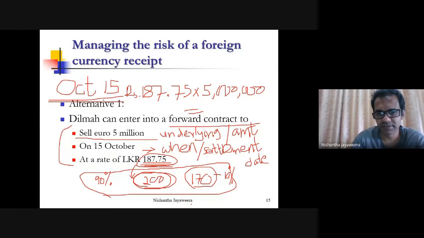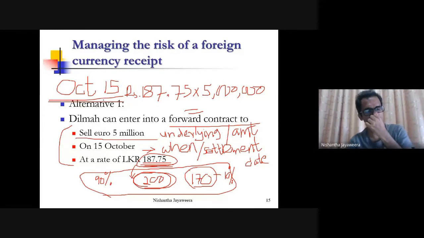Once you hedge it, you have that profit. But if you don't hedge it, then you may not get that profit, or you may get more than that, depending on the foreign exchange movement, but it's not your business.